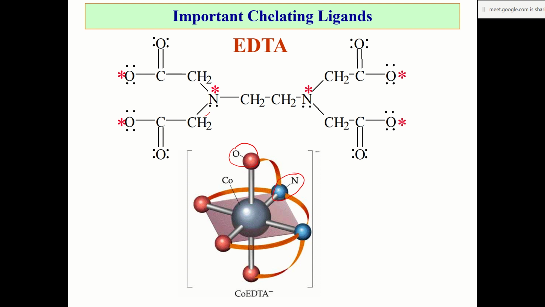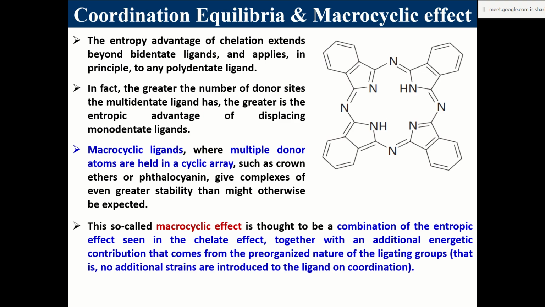The blue ones are nitrogen, and four oxygens make it up. So EDTA forms a very strong complex because all these six donor sites are arranged at the vertices of an octahedron, and so one metal ion is held up. It is being caught between the six hands of a ligand.